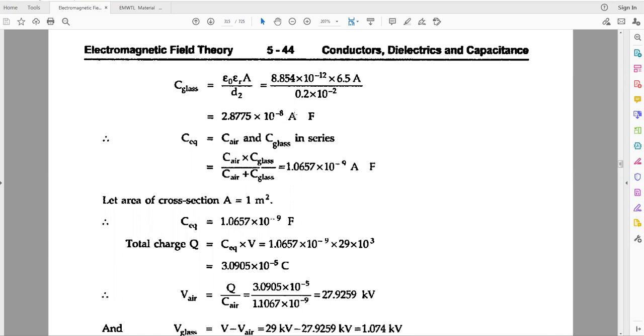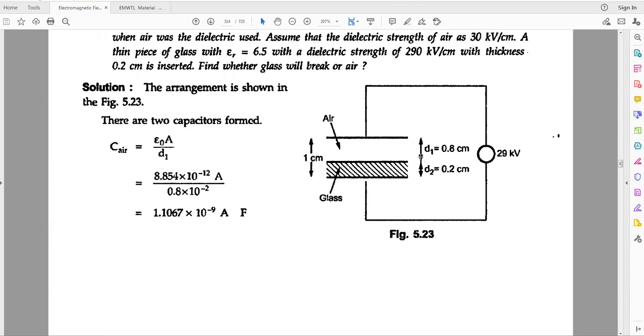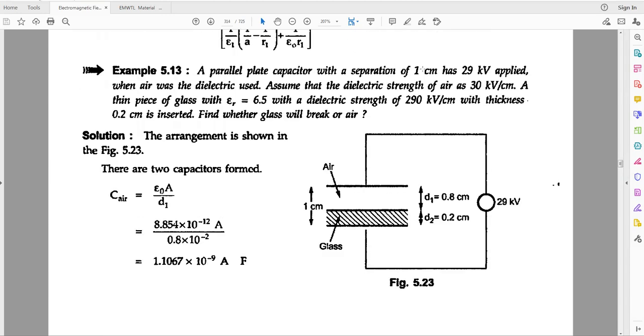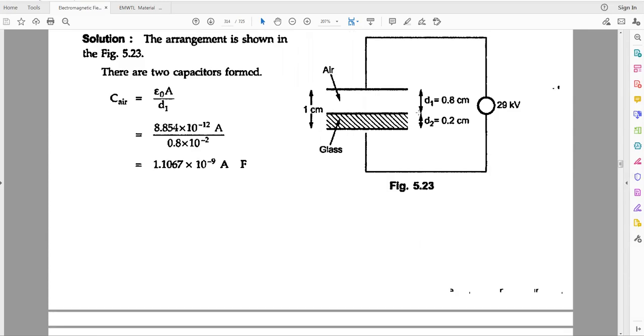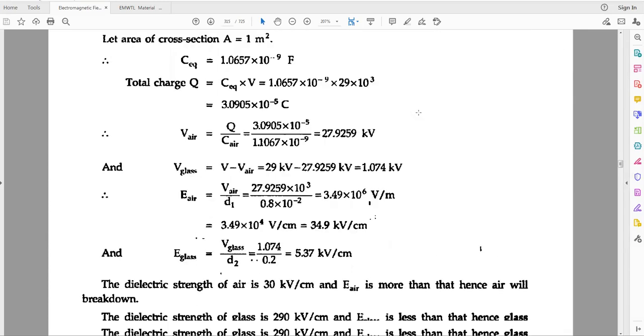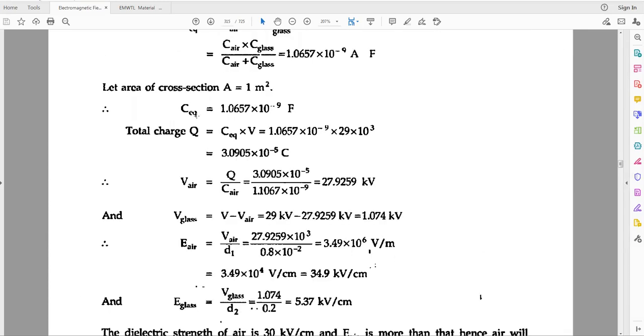Again, A is not the ampere, it is an area, and C is in farads. Let the area of cross section A be 1 meter square. Substituting, C equivalent is 1.607 times 10 to the power of minus 7 farads.